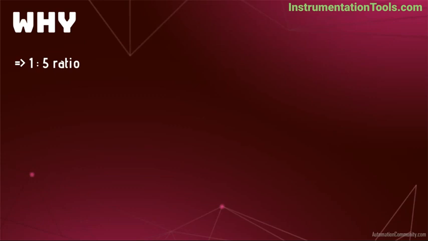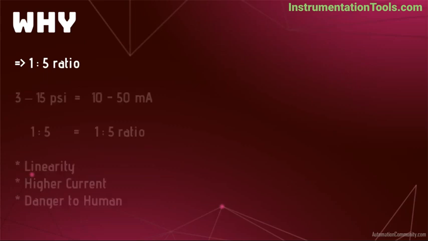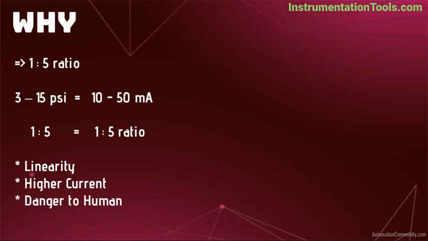So design engineers decided to use a ratio of 1:5, which helps them to design the equipment with better accuracy and linearity. Initially, for a short period of time, they had chosen 10 to 50 mA as the signal range. This range uses 10 mA to represent 0% process variable, and 50 mA to represent 100% process variable.